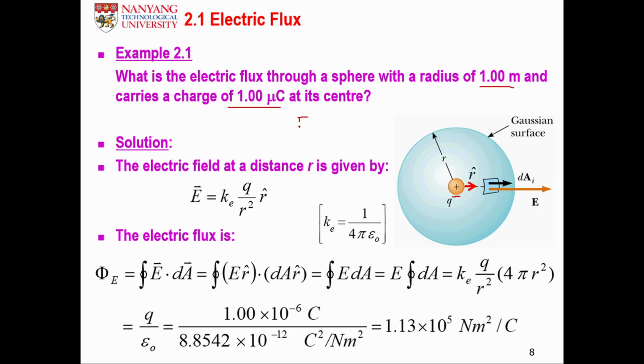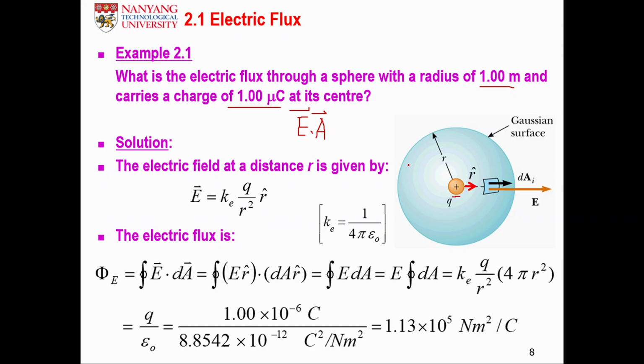First of all, you need to tell me whether you can use this formula directly to get the flux for this case. Can you use it directly? Whether you can or cannot all depends on if both of them are uniform.